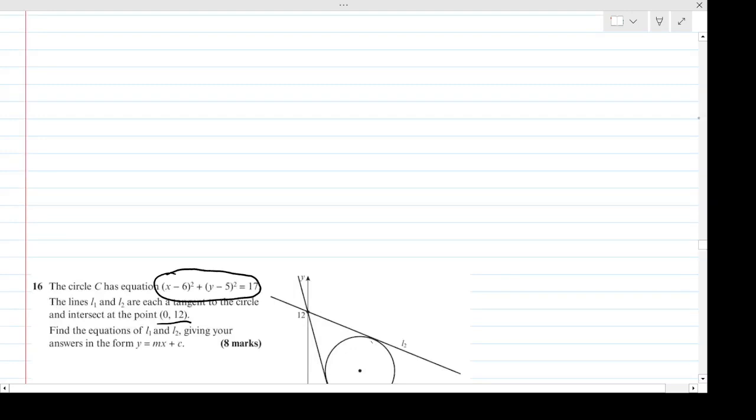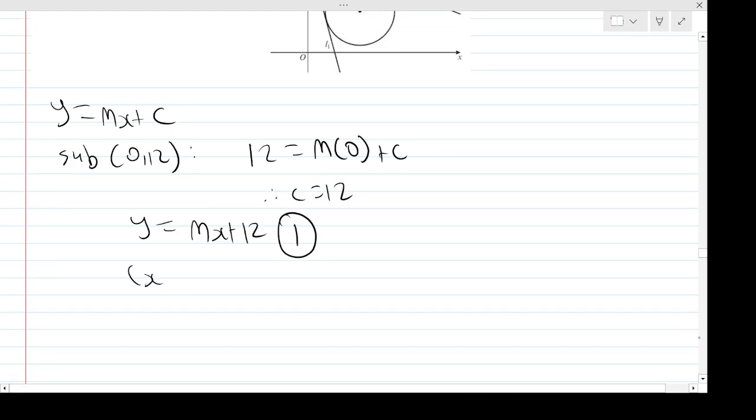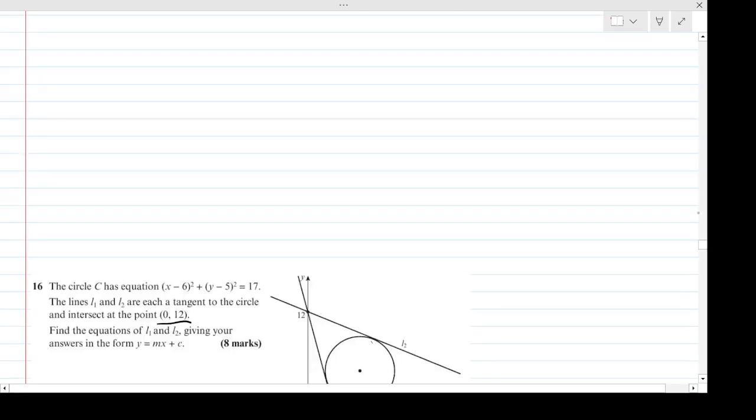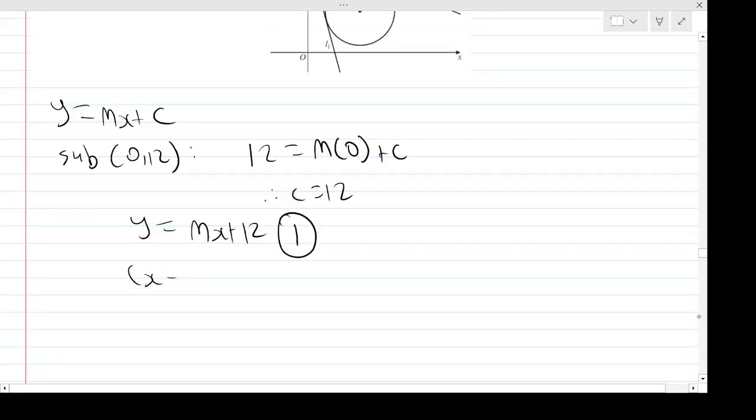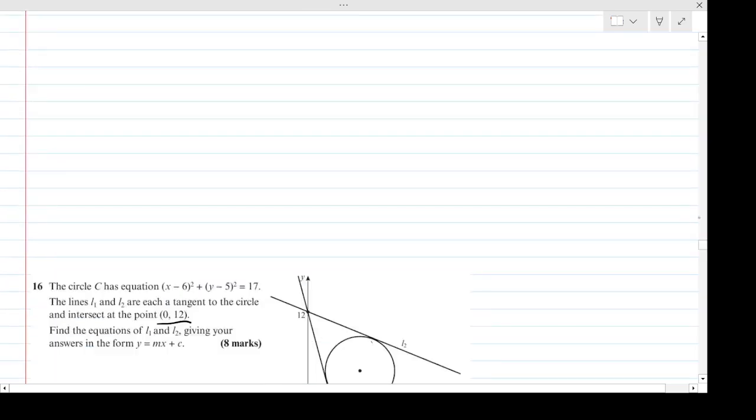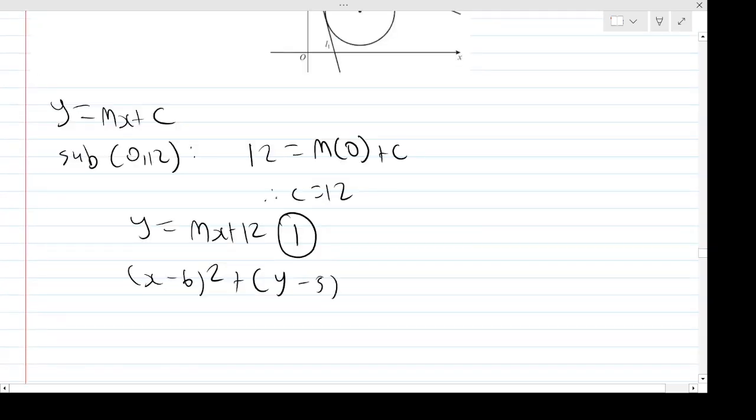But that's the equation of the line, and we are intersecting it with the circle. So if I write down the equation of the circle, x minus 6 all squared, plus y take away 5 all squared equals 17. Well, the tangent intersecting with the circle, I can then equate them together.